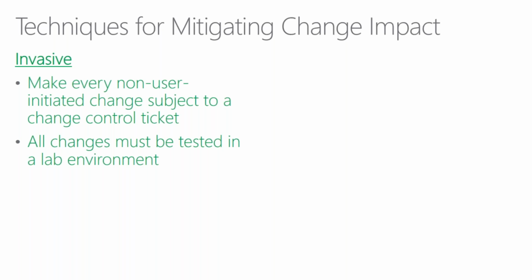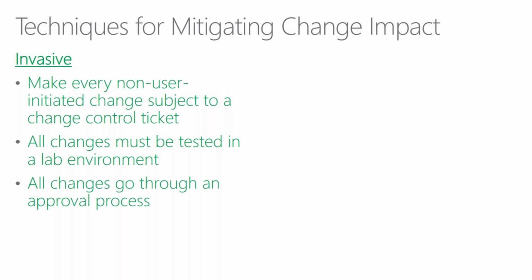And especially if you're scripting or automating those, all of those things should be tested in a lab environment that looks as close to production as possible. So that's at least not a super invasive way of mitigating change impact.